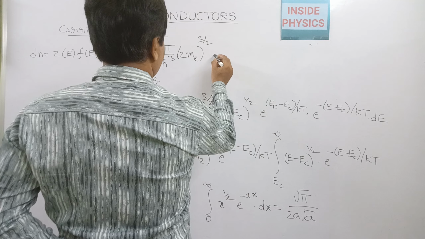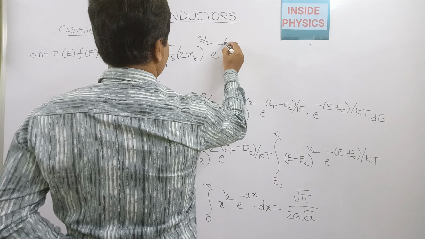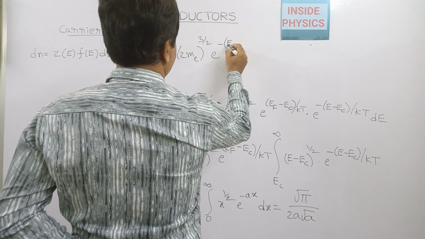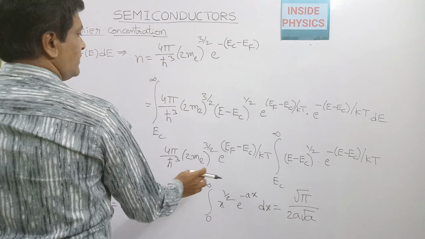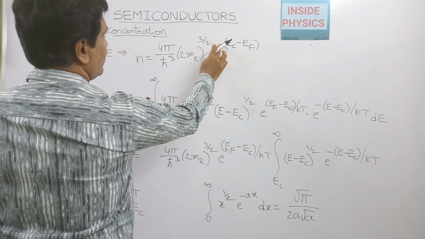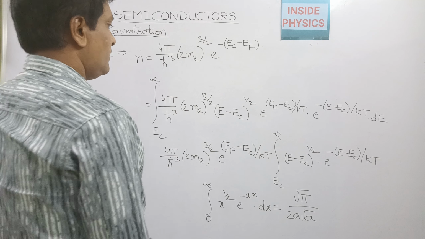And this Ef minus Ec, I will write in the form of minus (Ec minus Ef). I can write it, right?